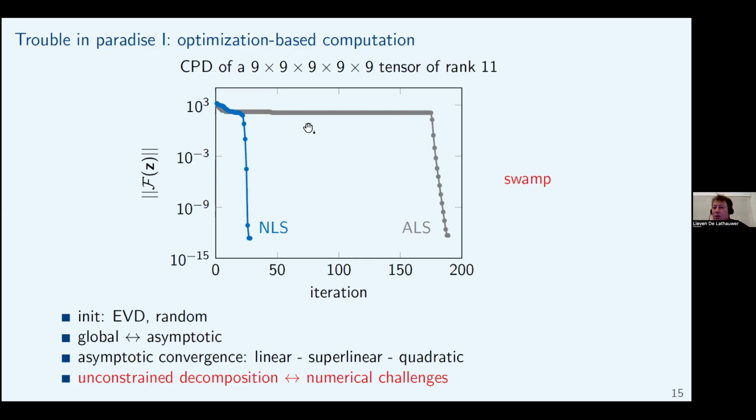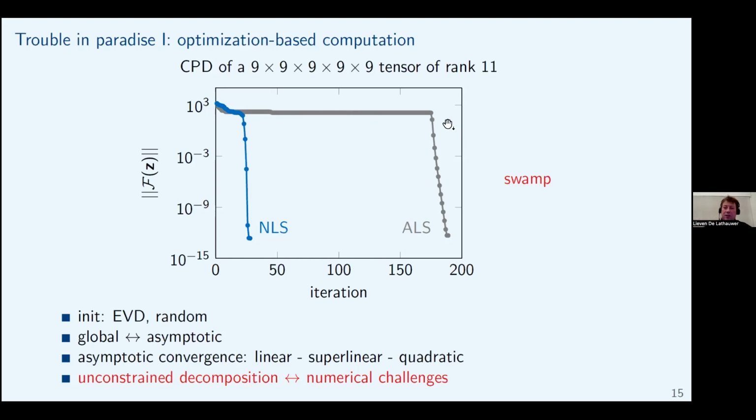These things are called swamps. And this is not nice because if your algorithm behaves that way, then chances are high that you will just stop your algorithm there and think it has converged. It has not converged. It's going through some swamp, and all of a sudden, convergence can take place, or maybe will never take place.